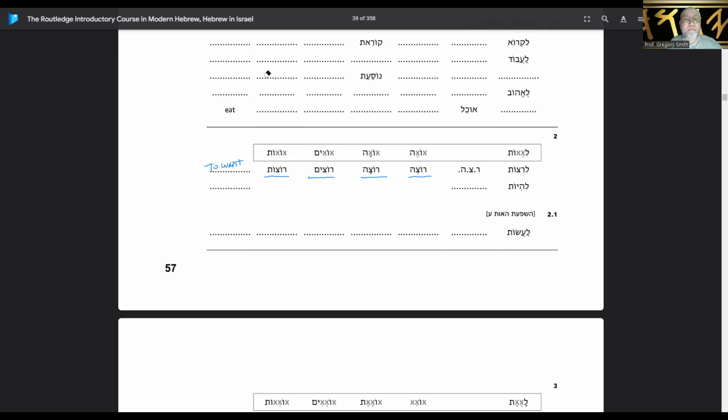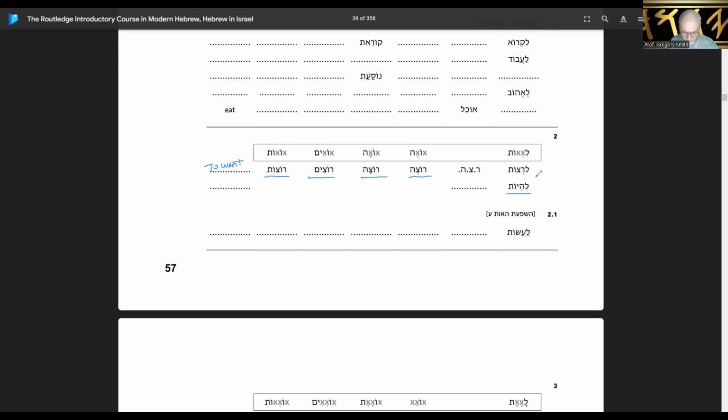Okay, and then let's see, then we have, looks like, lihiot. Lihiot, maybe. So the root would be hey, yod, tav. Take a look at that.